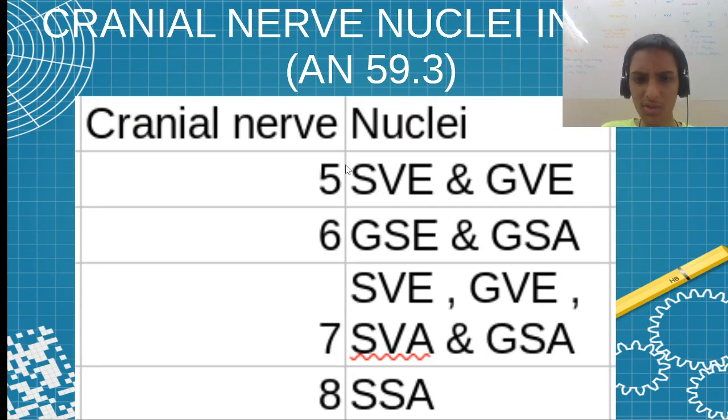Let's now see the cranial nerve nuclei. Only the components are important. Fifth nerve, SVE and GVE. This will supply muscles of mastication, temporomandibular joint and the first arch. Sixth nerve, GSE and A. Just in place of E, A. That's all. This will supply the extraocular muscles. Which muscle of the extraocular? Lateral rectus. And seventh, facial nerve.